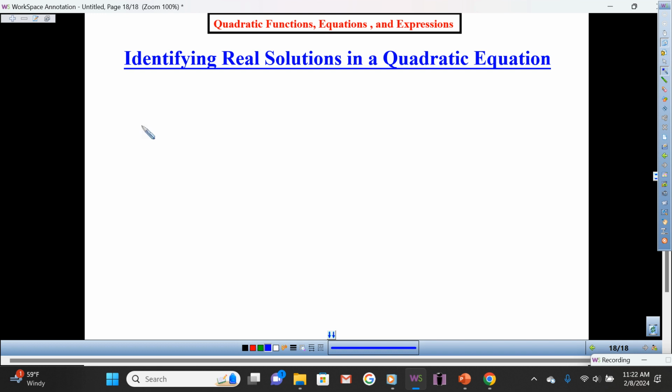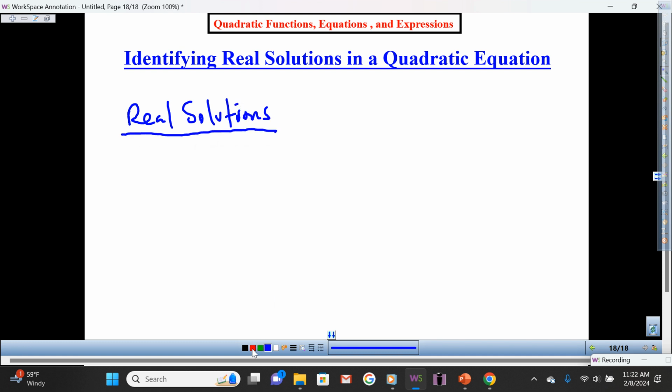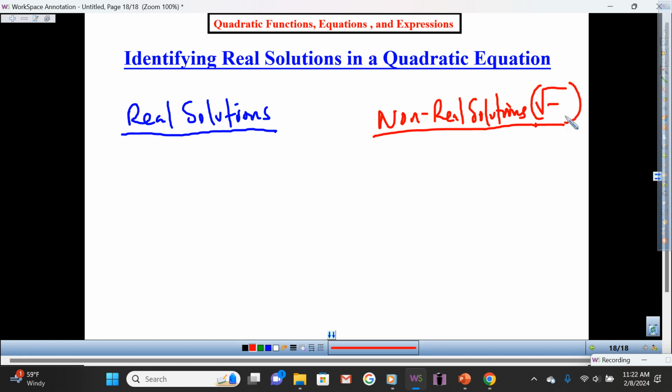On the left side underneath that, I'm going to write real solutions. And on the right side, I'm going to write non-real solutions. In parentheses next to non-real, write square root of negative.